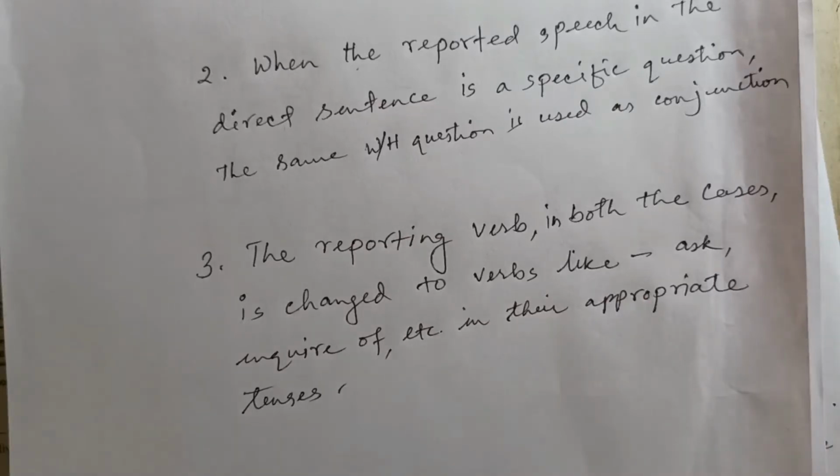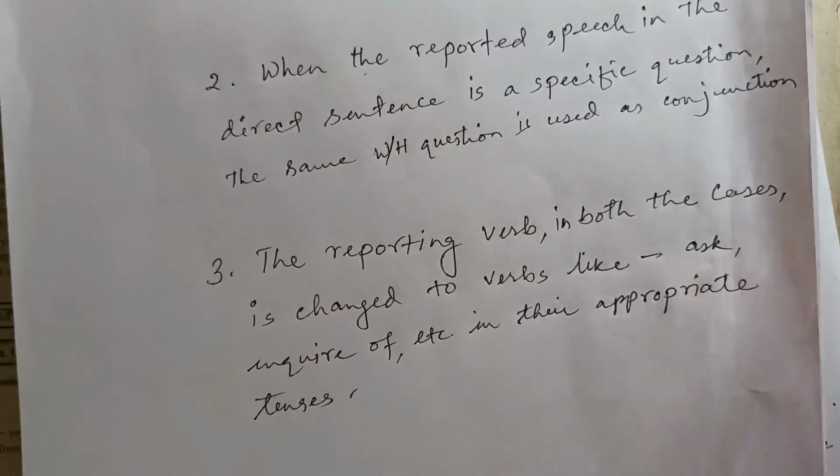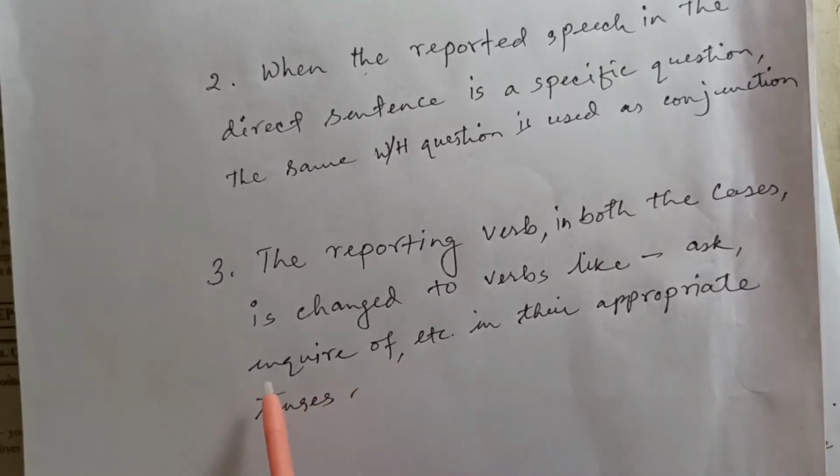That means if the reporting verb is said, meaning past tense, then the word ask will be used in the past tense also, asked. In the case of inquire of, it will be inquired of. This is how we're going to see the sentences.